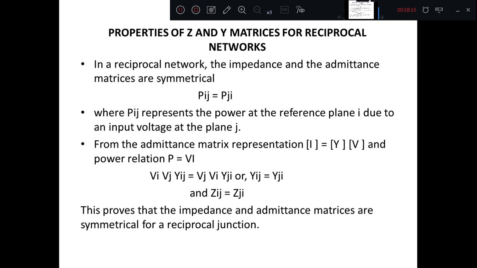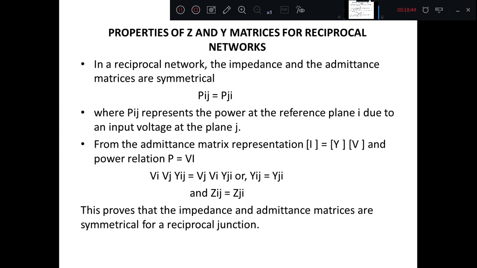Before I discuss in detail the S parameters or scattering parameters, let me discuss the properties of Z and Y matrices for a reciprocal network, right? You have discussed different types of networks, right? Theorems also, reciprocity, reciprocal networks with the concept of reciprocity, then superposition you have studied, right?